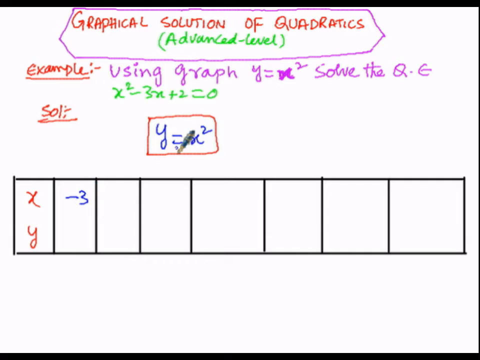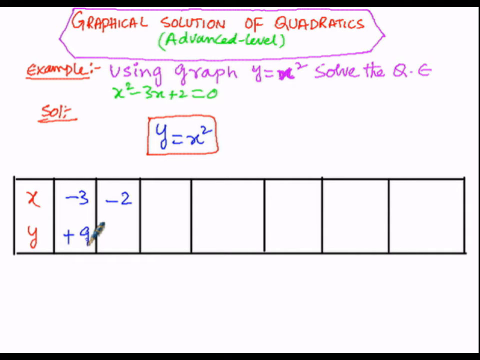Replacing x by minus 3, that is minus 3 whole square, minus multiplied twice, minus into minus is plus, and 3 square is 9. So when we assume x as minus 3, we get y as plus 9.